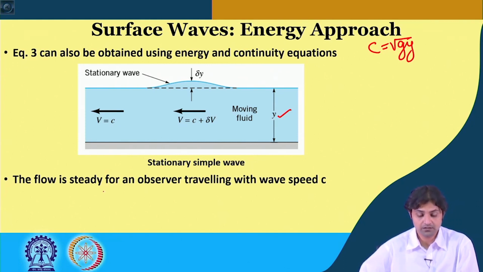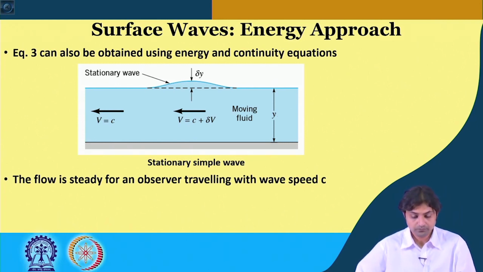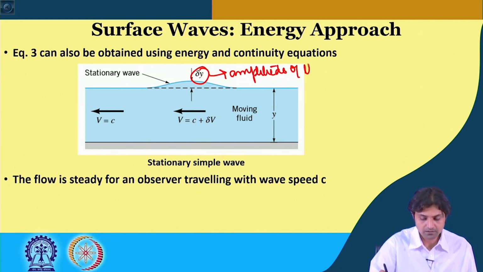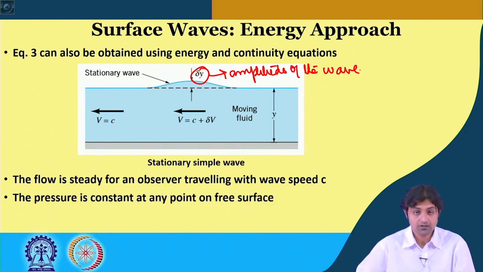All right. And delta y is the amplitude of the wave. Okay. One of the other assumptions is that the pressure is constant at any point on free surface, hydrostatic pressure assumption.